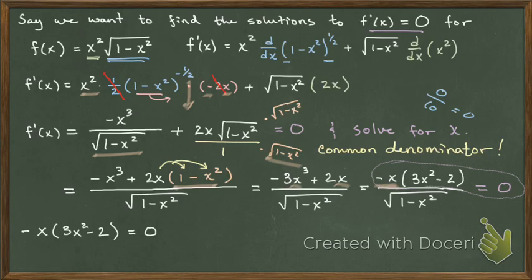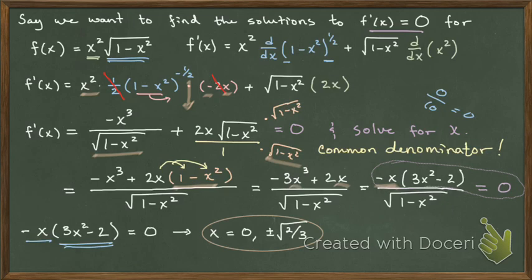So when I've got a product equal to 0, either the first term is 0 or the second term is 0. So this means x equals 0, or 3x squared minus 2 is 0. And when I solve that, it gives me that x should be plus or minus the square root of 2/3. Okay? Done. That's it. But I've got 3 x values then when my derivative is 0.